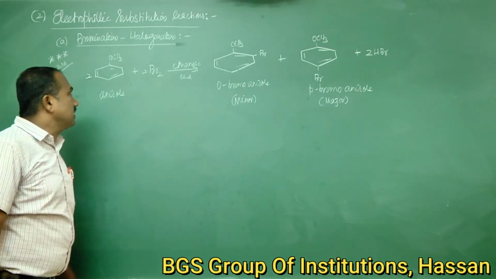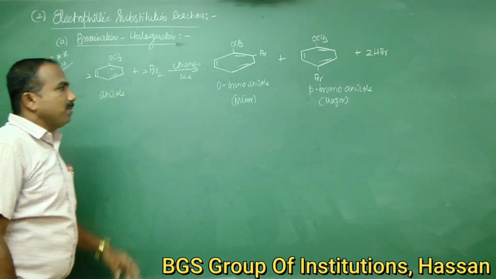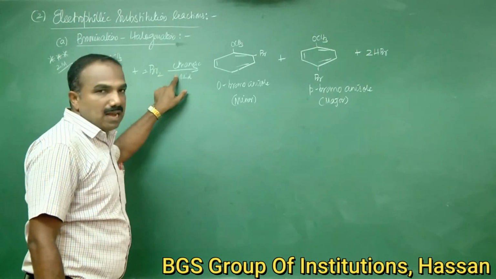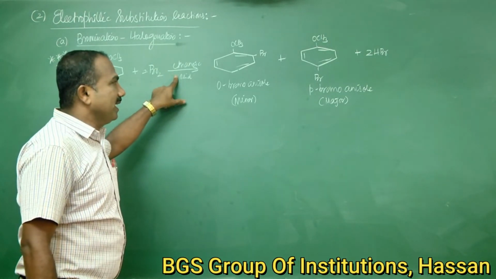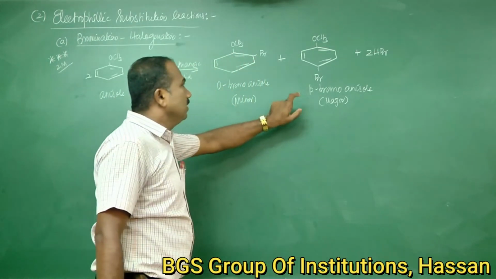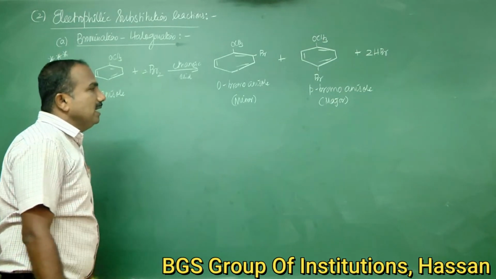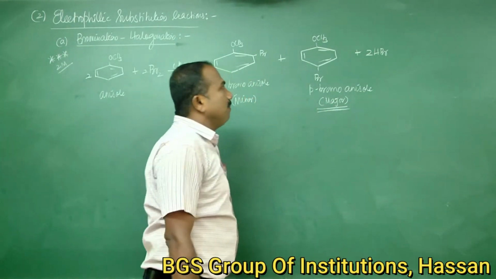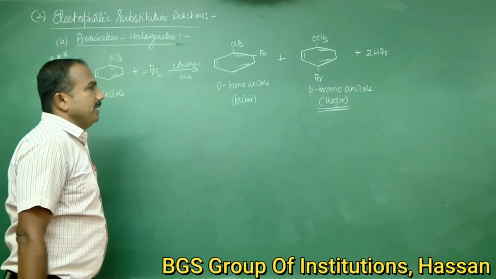What is the major product formed when anisole reacts with bromine in presence of acetic acid or ethanoic acid? Explain with reaction. You should write the reaction and mention the major product, that is parabromoanisole.